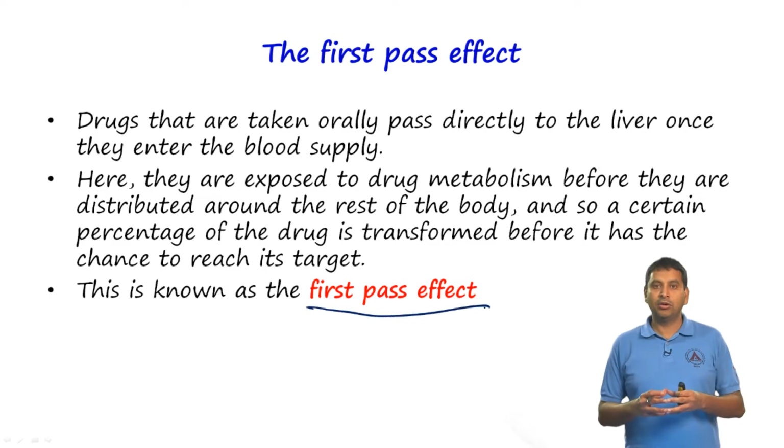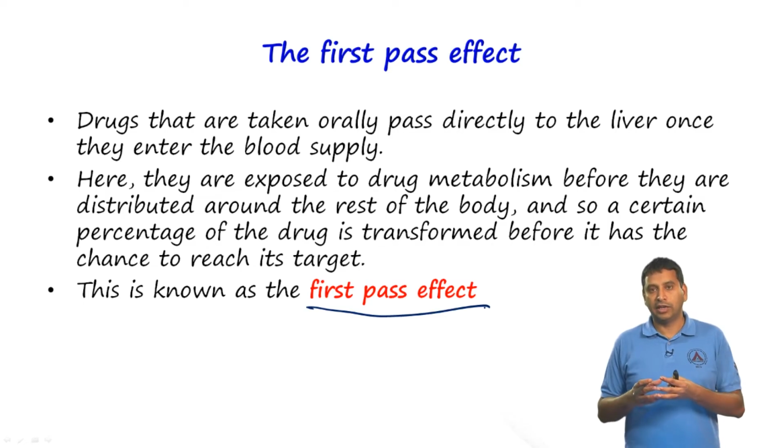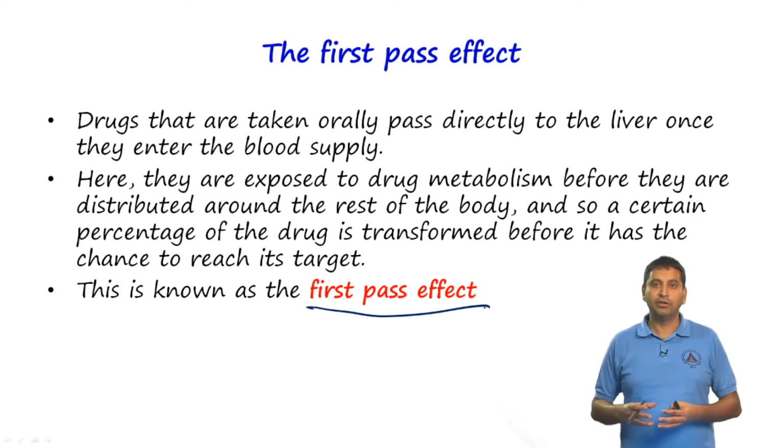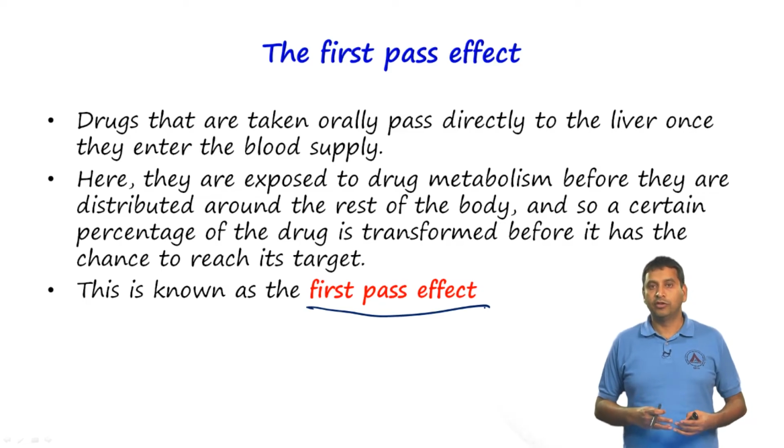Depending on how well the drug is metabolized, you will find that the drug remains to a large extent intact if it is able to survive the first pass effect. Okay, so if the drug is very much susceptible to degradation by liver enzymes, then it is going to be less effective after the onslaught during the first pass effect.